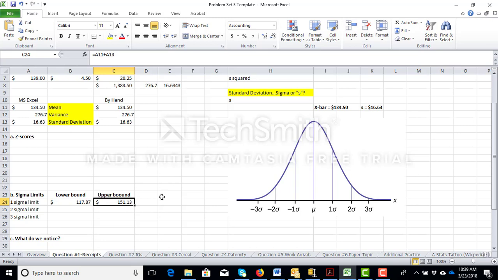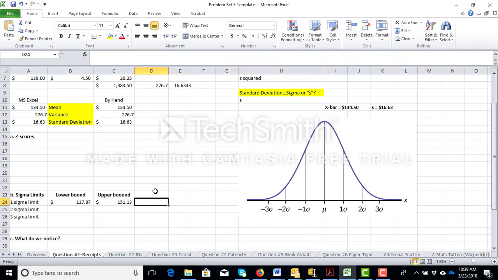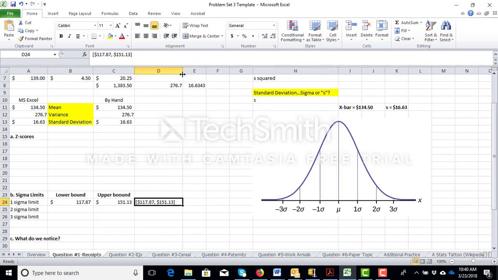So this limit here, if I were to write it like you might see in the textbook, would be written using brackets or parentheses, $117.87 to $151.13, and I hope you can see where I got that from. And I hope you can see how that relates to this curve. The 1 sigma limits that I just calculated are the range that goes from this minus 1 standard deviation to this plus 1 standard deviation. Okay?